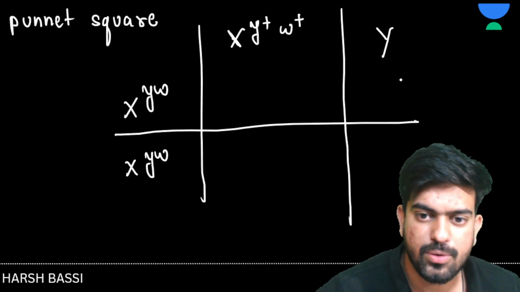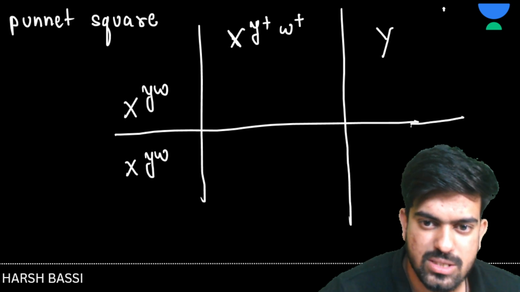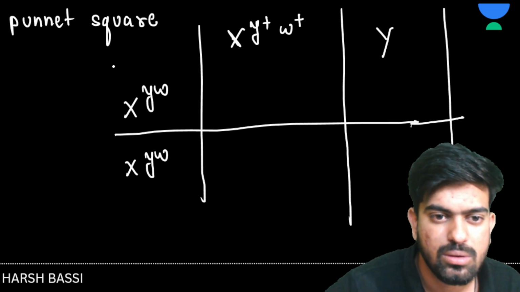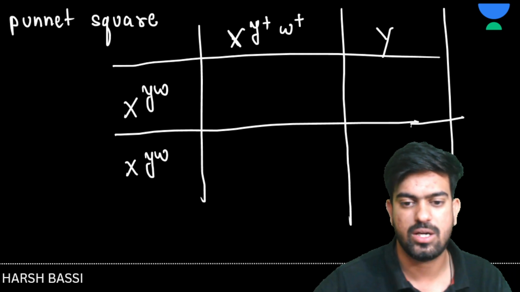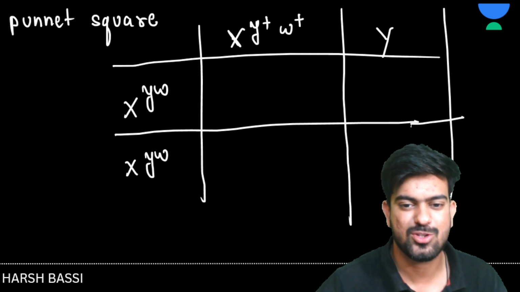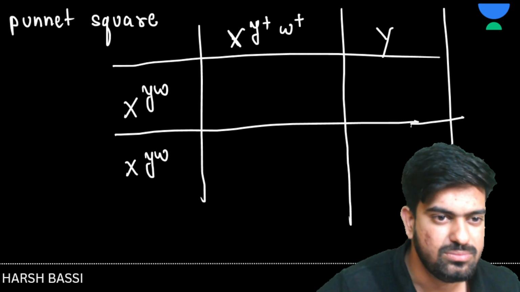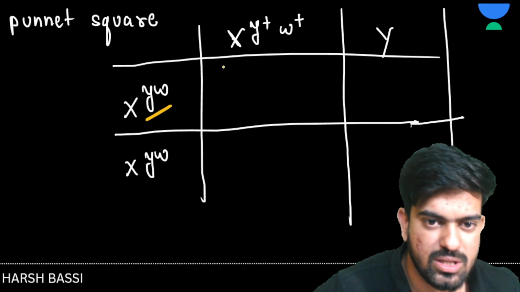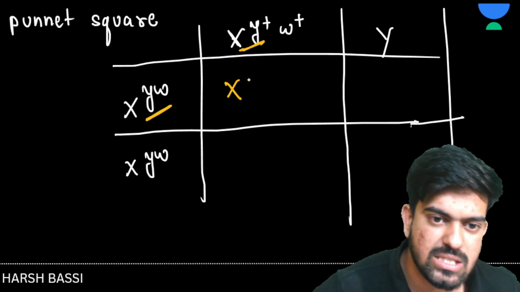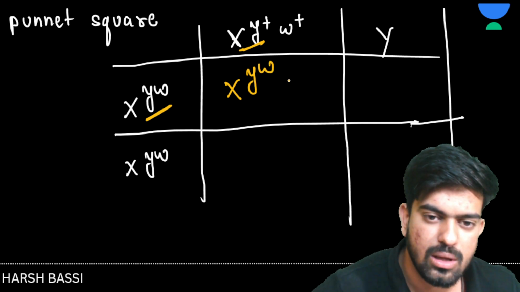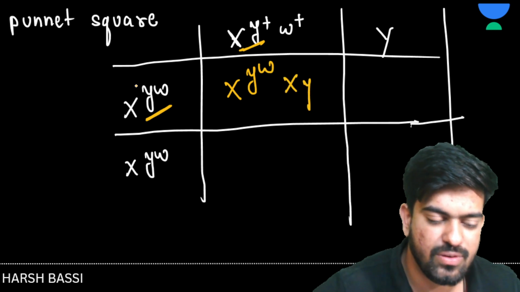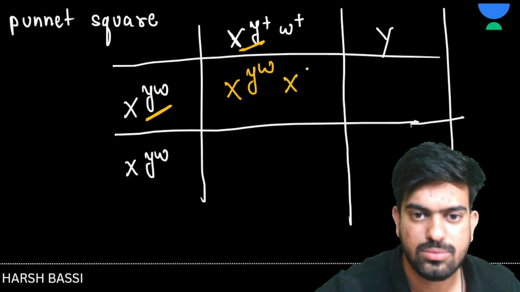Let's make the Punnett square. I know my Punnett square is kind of very bad right now, but you have to manage a little. Okay. So first this and this: X YW and X Y plus W plus. Yes or no?